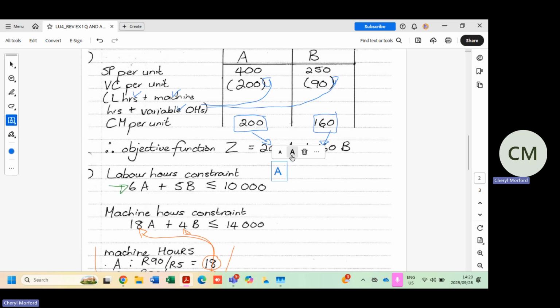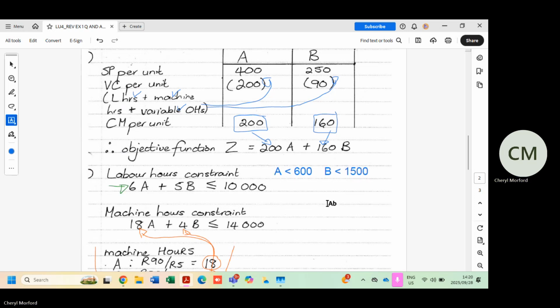So we're going to say A less than or equal to, and I can't type that sign up here on my keypad, 600. And we're also going to say B less than or equal to, what did I say?